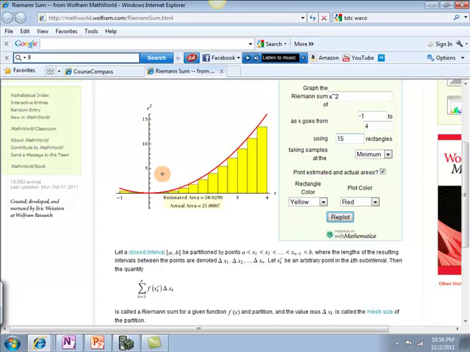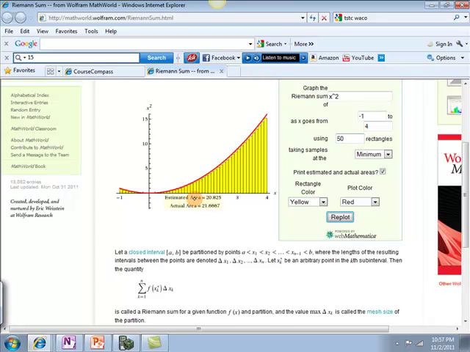Okay, so we replotted it. Now we have 16 rectangles. The estimated area got to 18.9 something. We're getting closer. Let's make this 50. There we go.